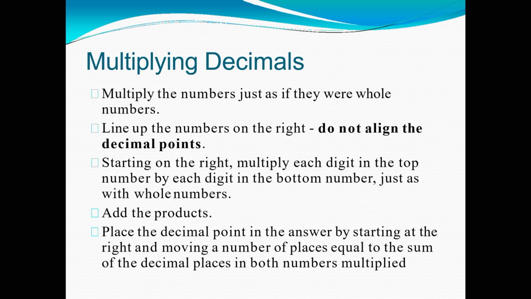Third, starting on the right, multiply each digit in the top number by each digit in the bottom number, just as with whole numbers. Fourth step is add the products, and fifth step is place the decimal point in the answer by starting at the right and moving a number of places equal to the sum of the decimal places in both numbers multiplied.